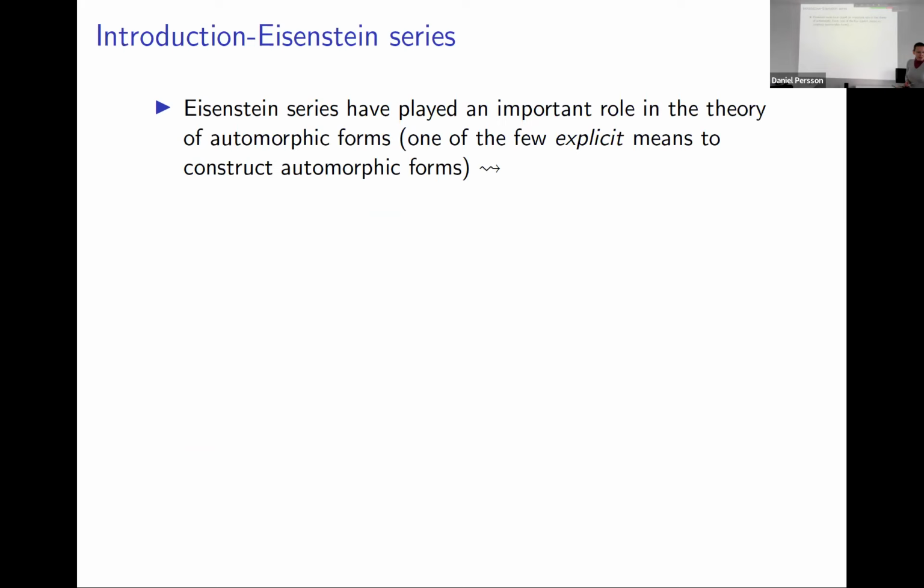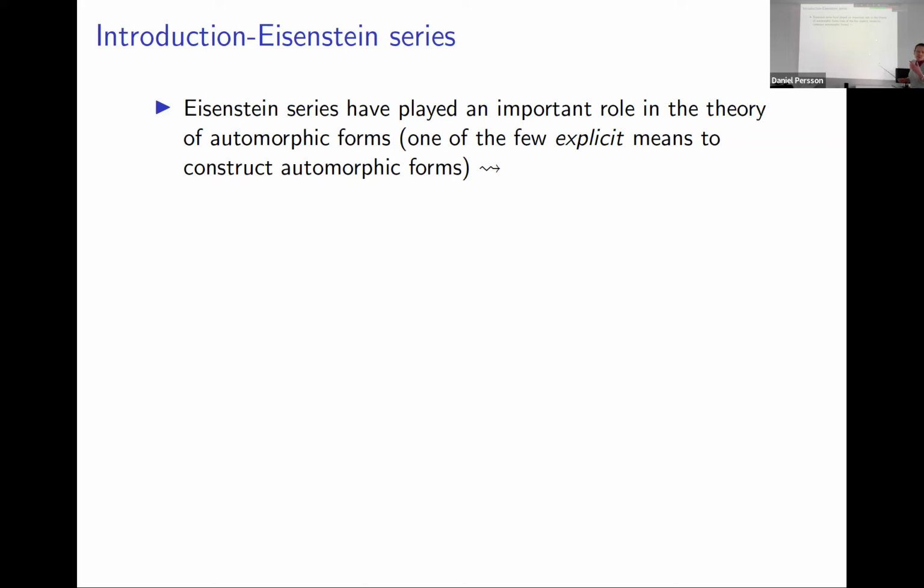Just a few points on why Eisenstein series are very important. I'm kind of embarrassed to talk about why they're important in this audience, but I have this on the slides. They are one of the few explicit means to construct automorphic forms. Of course, for example, you now have results of Arthur and others, Mok, Shin, Kaletha, on parametrization of automorphic representations in the spectrum of classical groups and some of their inner forms.